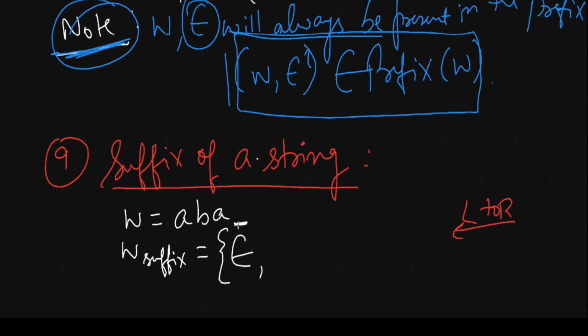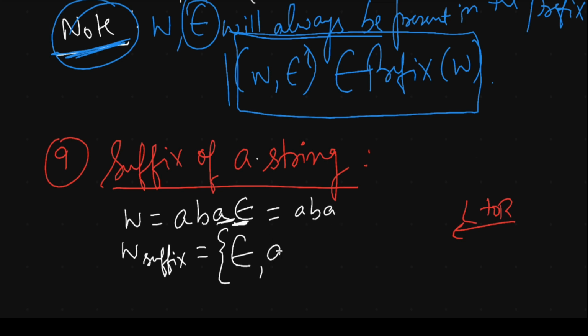See, from right to left. So here it is empty, so write epsilon. If we write ABA epsilon, it will be equal to ABA, but we have to write epsilon in suffix. So epsilon, then start from the right. What is the next?